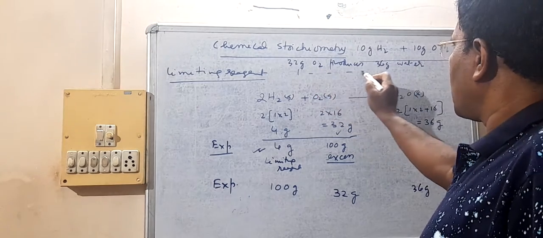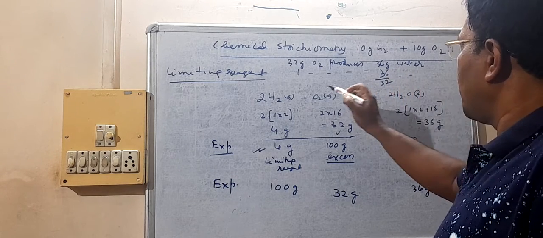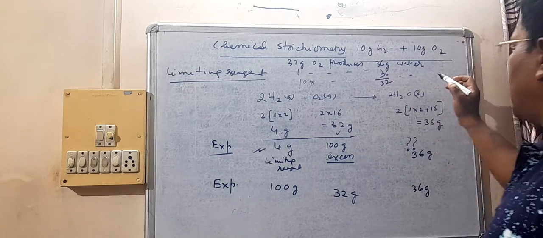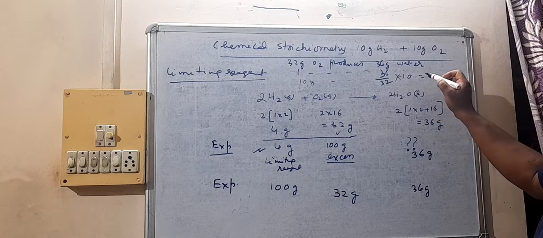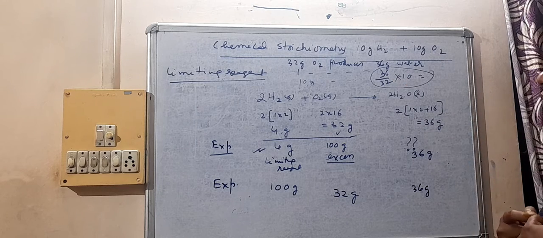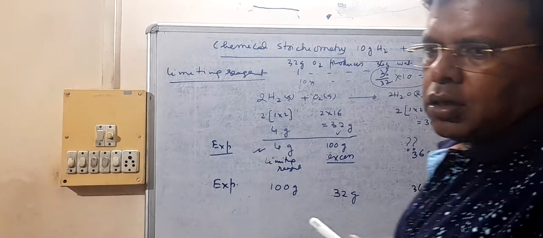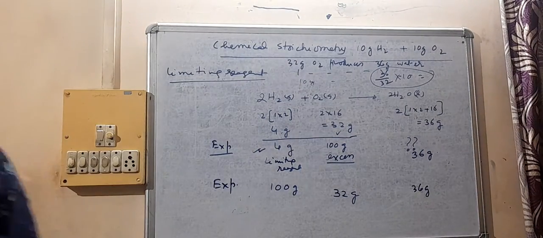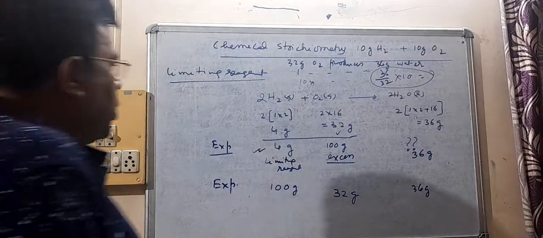So 1 gram of oxygen will produce 36 by 32 gram water, and 10 grams of oxygen will produce 36 by 32 into 10 gram of water; this much will be the answer. So children, you need to understand the limiting reagent, and you need to do numericals on limiting reagent.